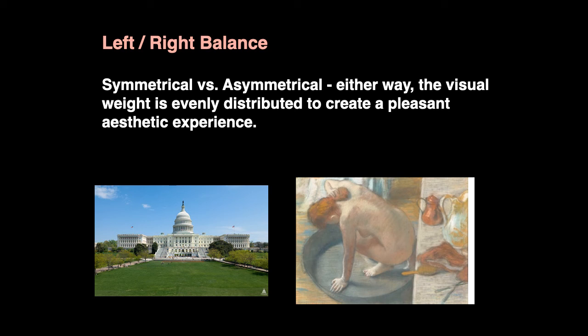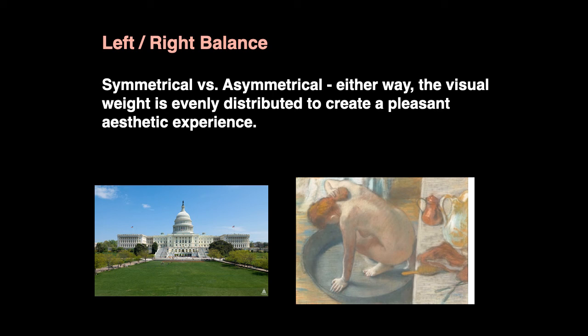And notice in both of these compositions here, the photograph of the Capitol building and this Degas drawing, both of them have an equal distribution of visual weight from one side of the composition to the other. But they do so in different ways. The Capitol building is symmetrical.